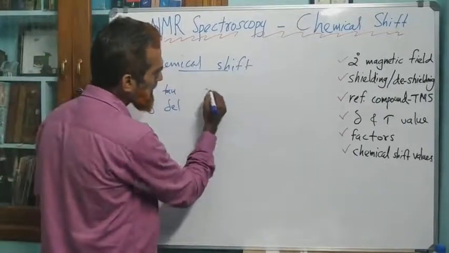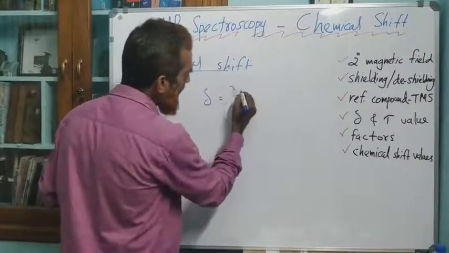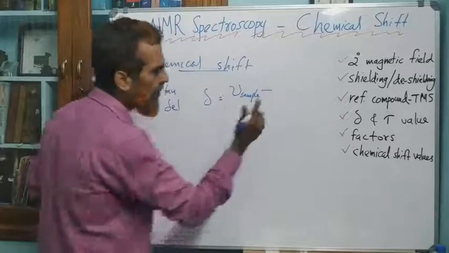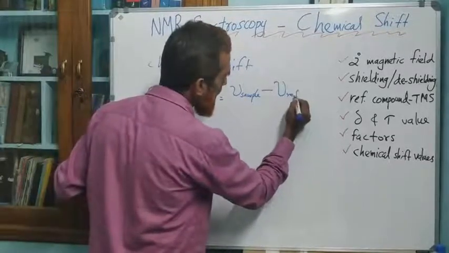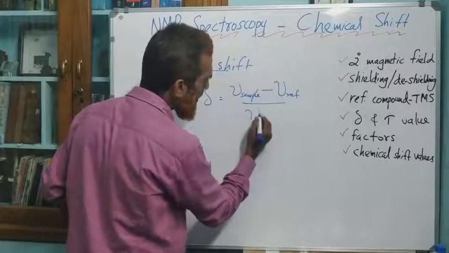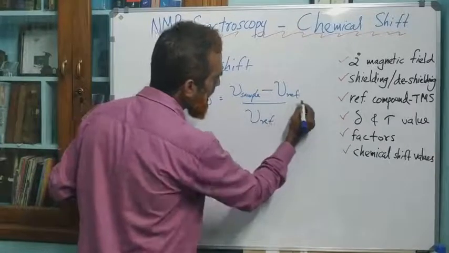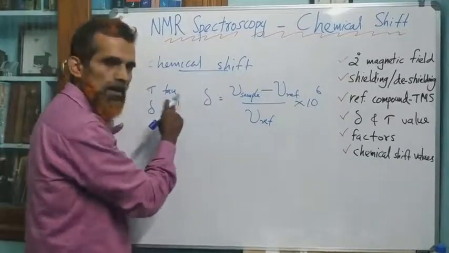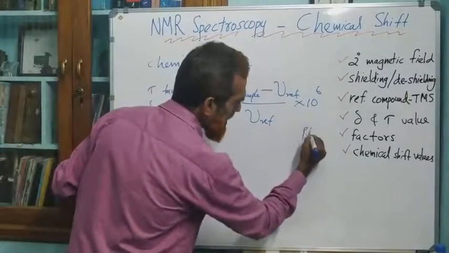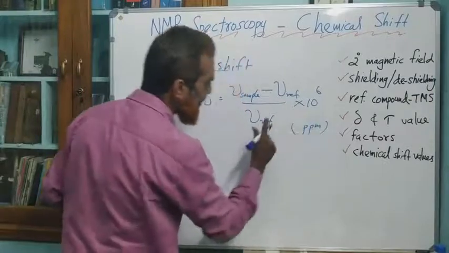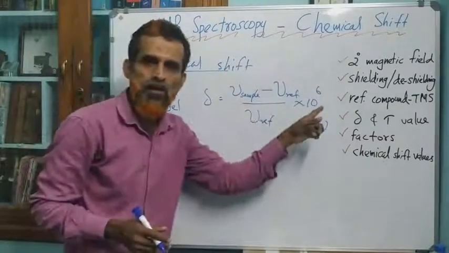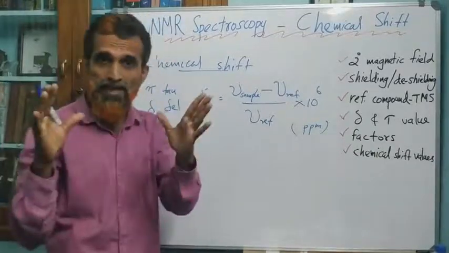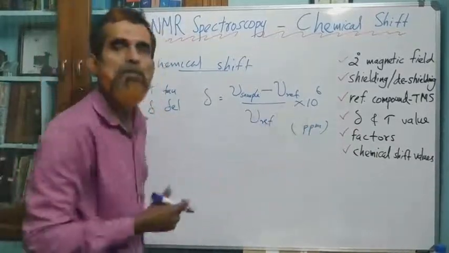Chemical shift delta is defined as the frequency of the sample or your compound minus the frequency of the reference compound, that's TMS, divided by the frequency of the reference, times 10 raised to 6. Why 10 raised to 6? Because chemical shift is expressed in ppm. This value will be very, very small, so to make it a reasonable figure, we change it into ppm.